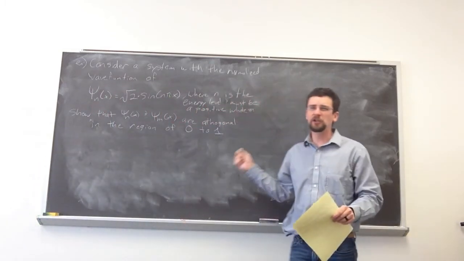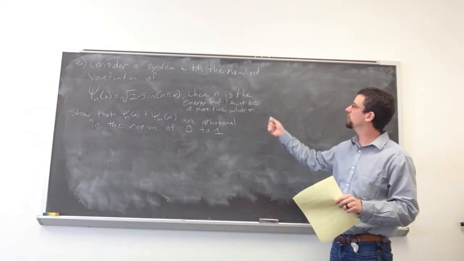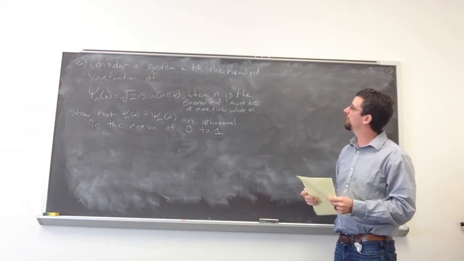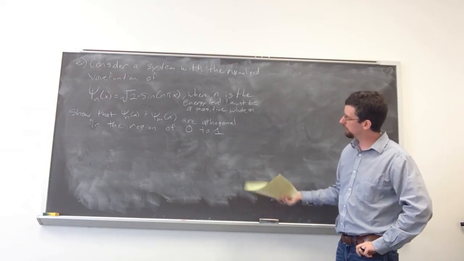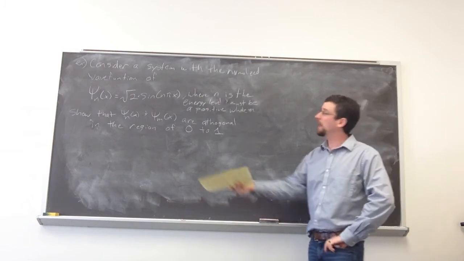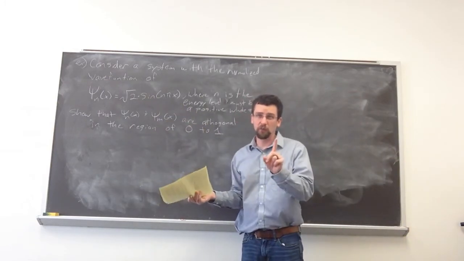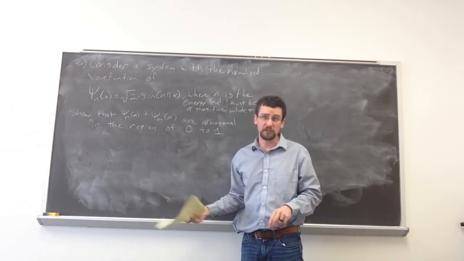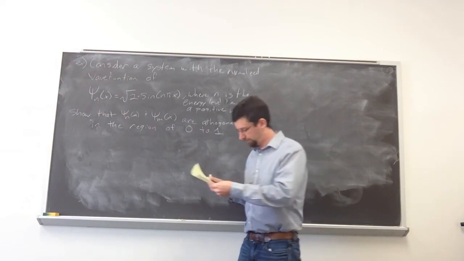Those are the integration limits that we have. Now we're trying to show, in terms of this function, that it's orthogonal. Meaning, when we have the same function, we should get a 1 out, but when we have differing functions, we should get a 0 out.